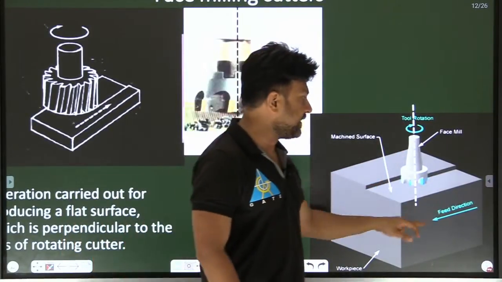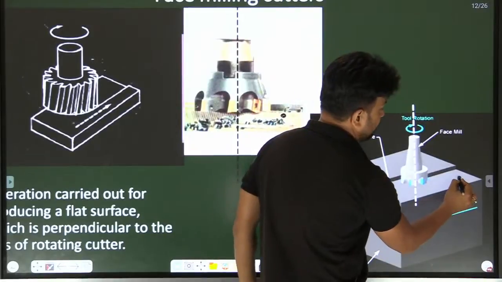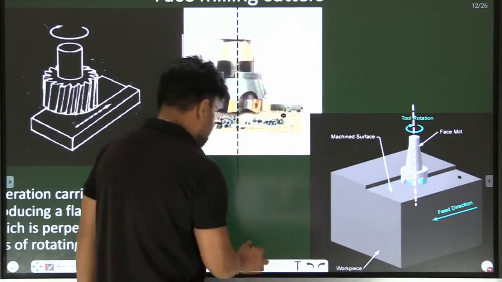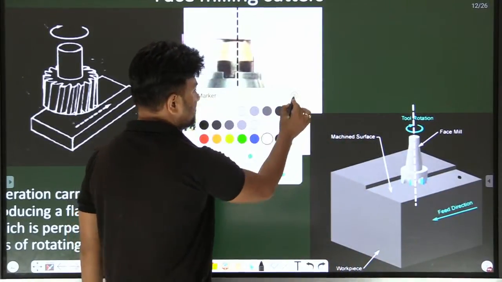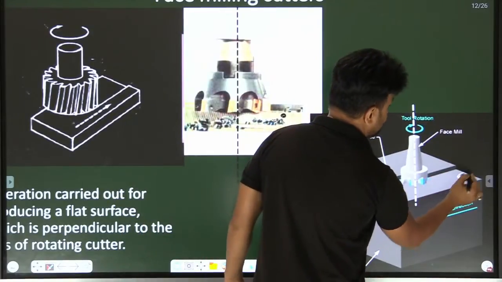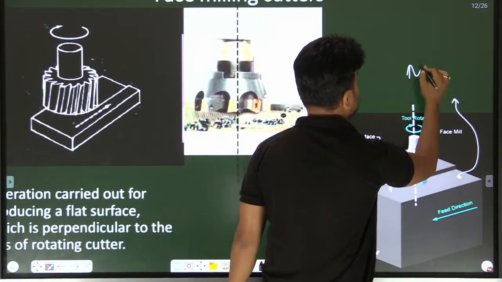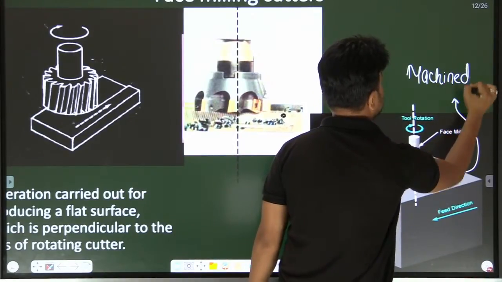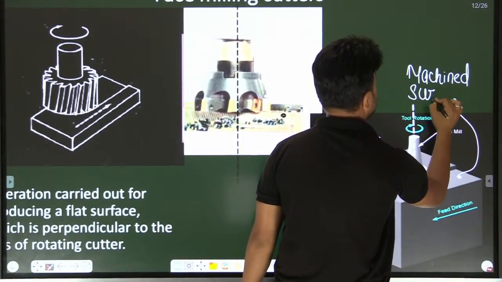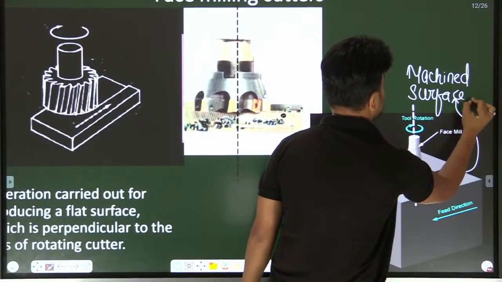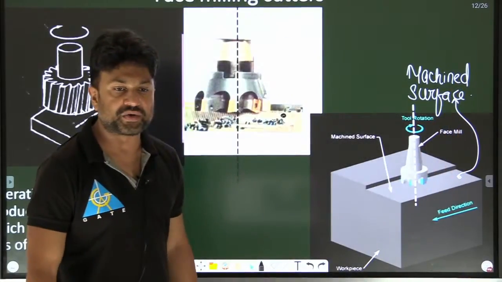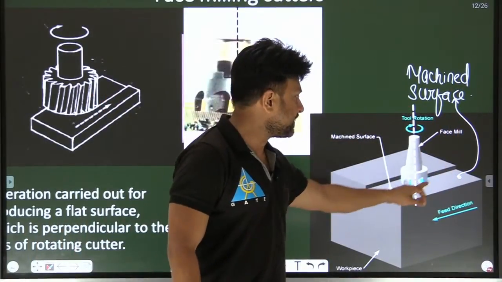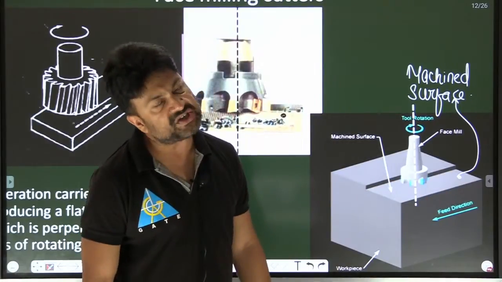Again, please see, this is the milling cutter axis. Here the milling cutter axis is perpendicular. This is the machine surface. So here also you can see the milling cutter axis is perpendicular to the machine surface.